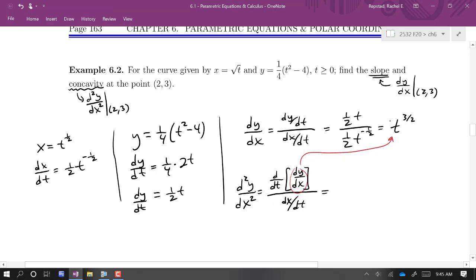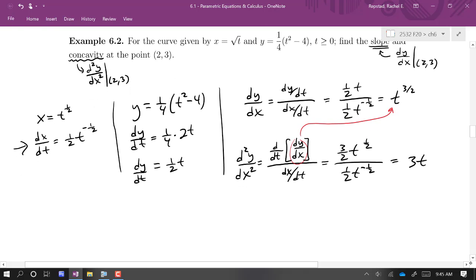We're just going to differentiate that with respect to t. That gives us 3/2 t to the 1/2. And then again divide by dx/dt, which we found over here on the left. That's 1/2 t to the negative 1/2. And simplifying this gives us 3t. So now we have both the first and second derivative of y with respect to x.